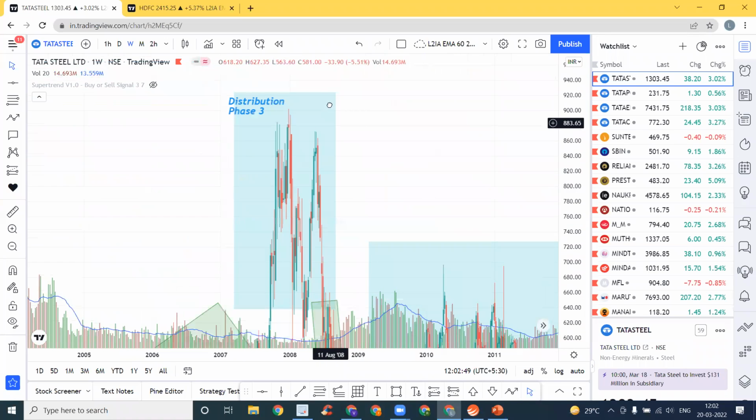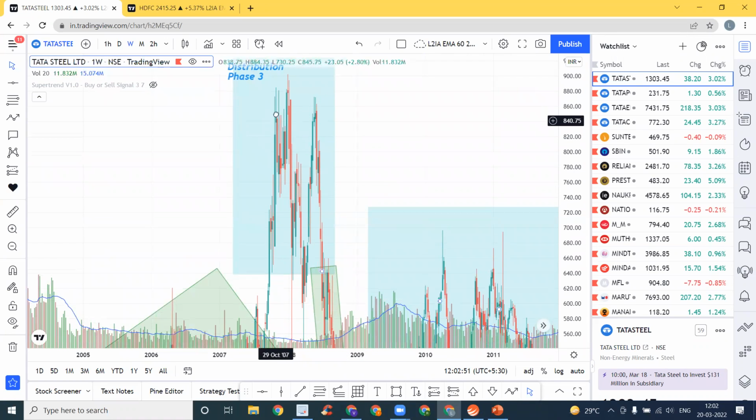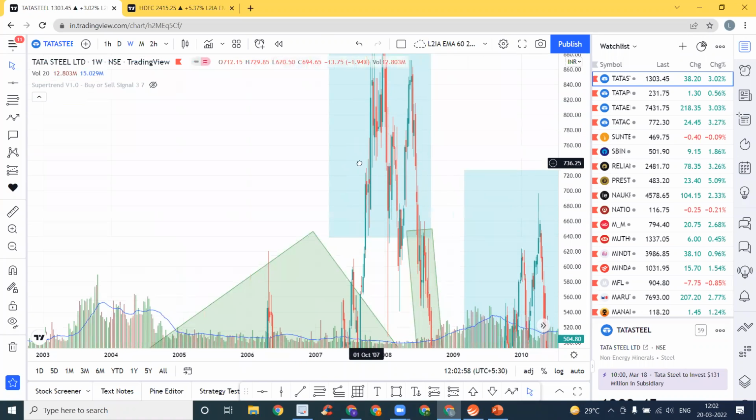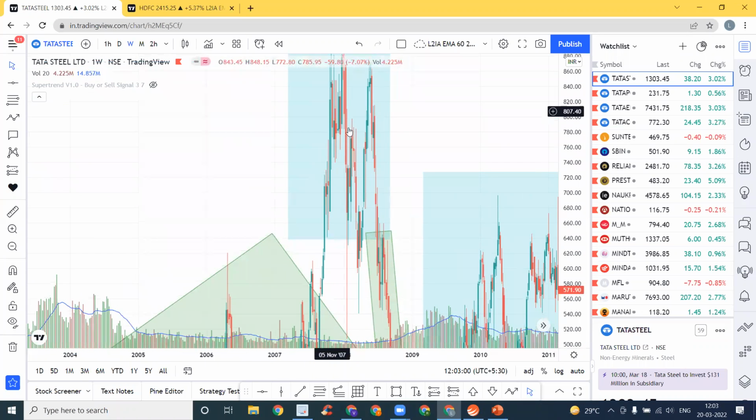I should not enter at the upper level, because many a times we don't know as a retailer where we are in the stock history. So somewhere if I would have entered over here at this level, then what will happen?